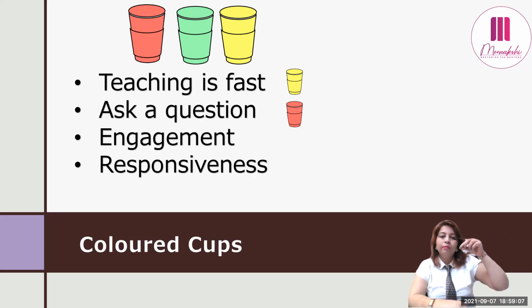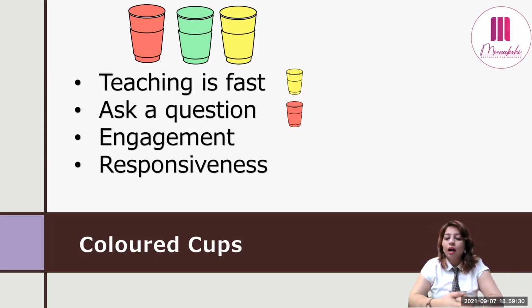The students' names are written on chits or small pebbles or popsicles, and the teacher can pick randomly the name of a student who is showing a green cup, or is at least clear with the concept, and that student as a peer will take that question and answer for that particular student. So this is how this strategy works.